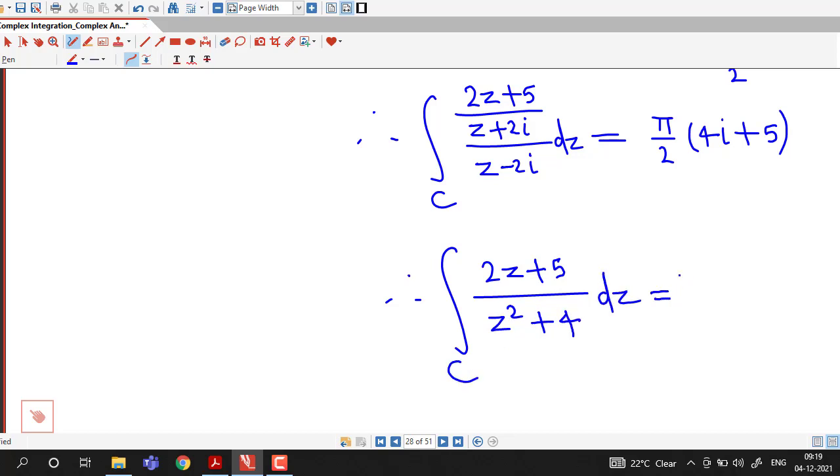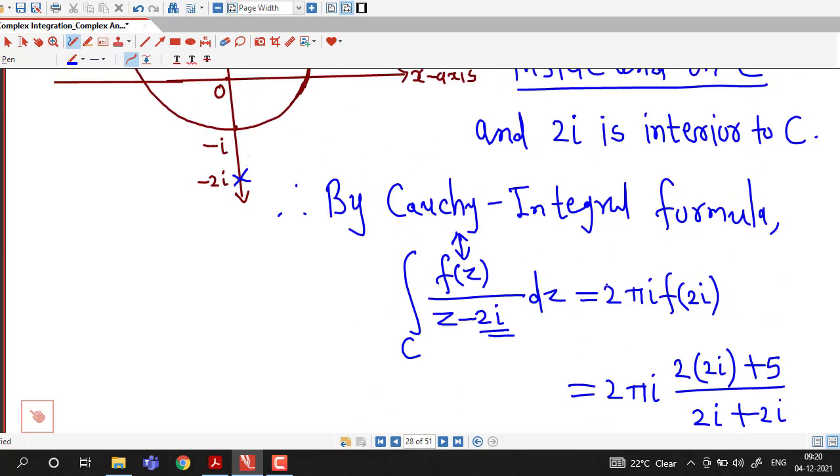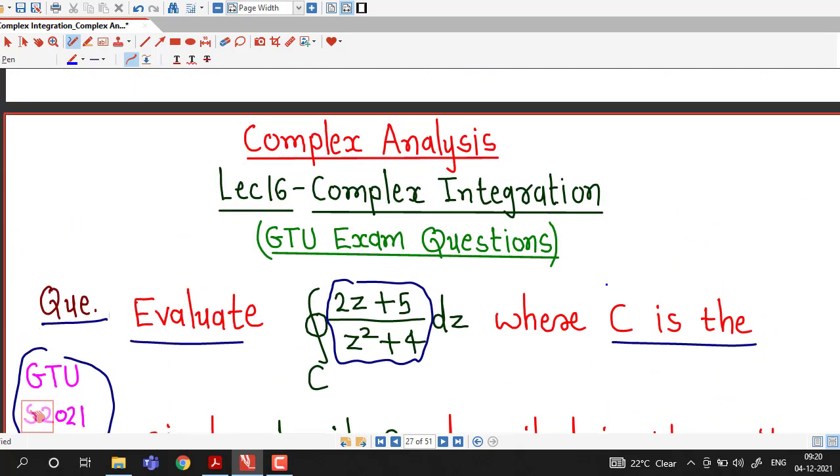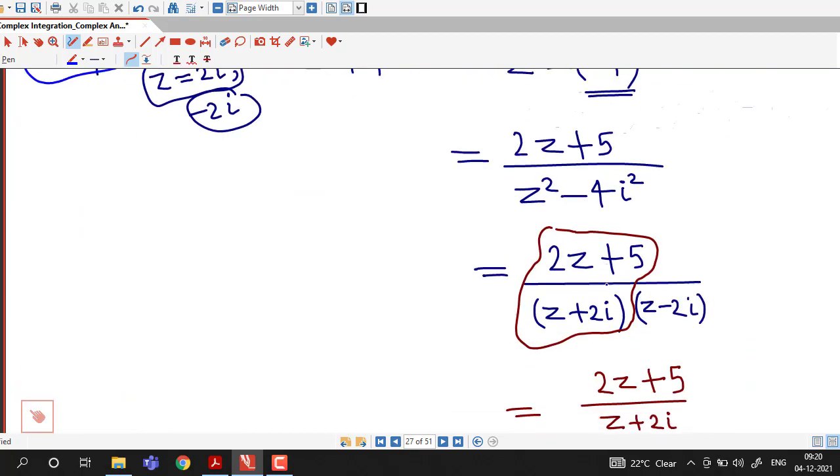So this is the value of this complex integral. We can rewrite this as π/2 times (5 + 4i). In this way we can easily evaluate this type of integral using the Cauchy integral formula. So this is all about this session. I hope you like it. Thank you very much.